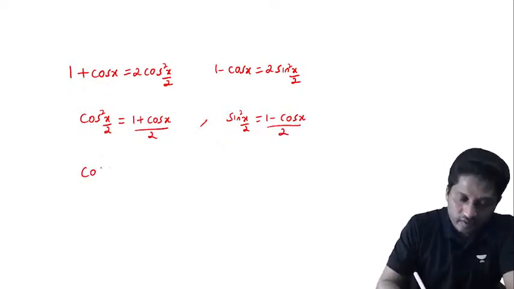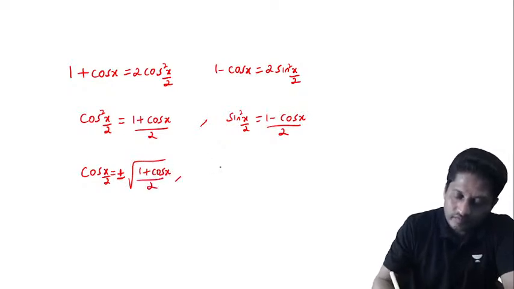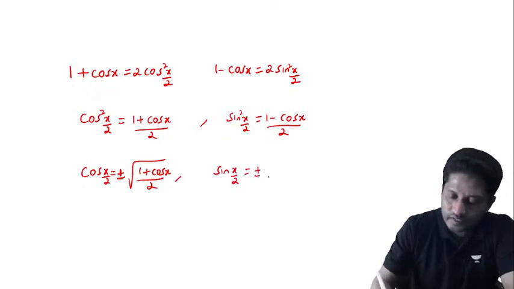Now the half angle formula: cos x by 2 is equal to plus minus root of 1 plus cos x upon 2, and sin x by 2 is equal to plus minus root of 1 minus cos x upon 2.